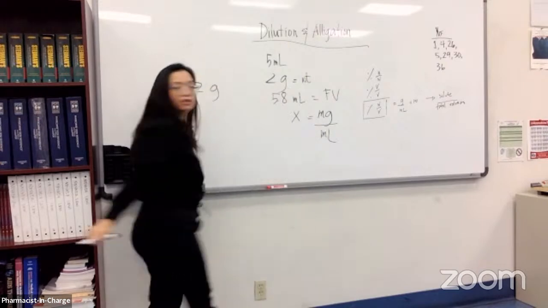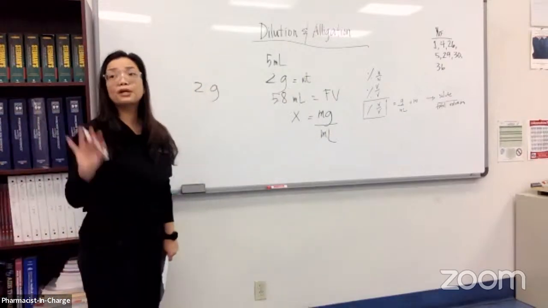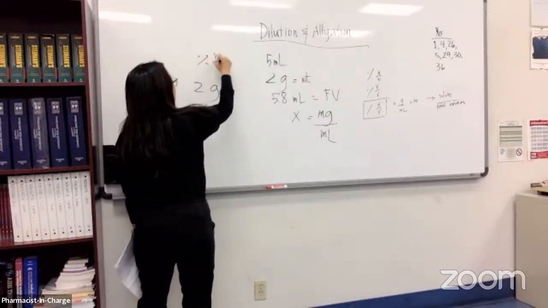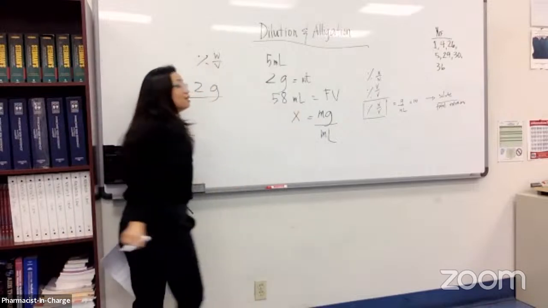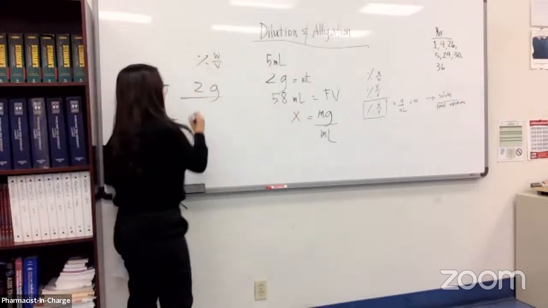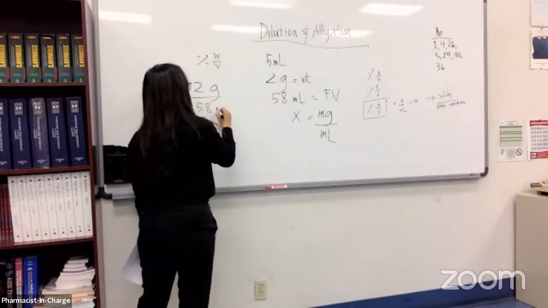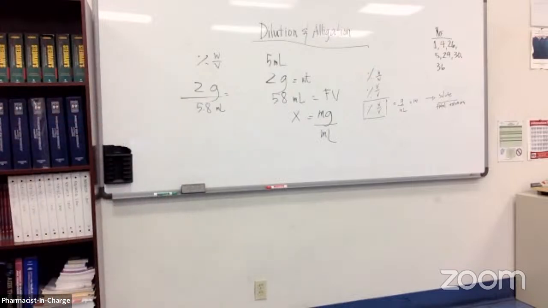Is it in the correct unit already? Yes, grams. For percentage weight over volume, is it in grams? Yes. Is this one in ml? Because it's the final volume, 5.8 ml. Want to do the math here? That's fine.